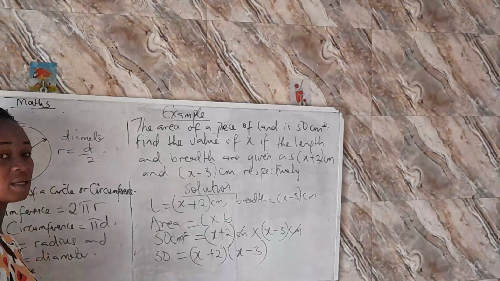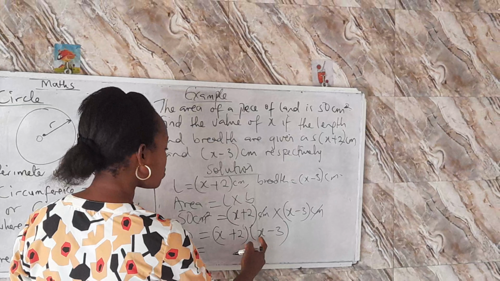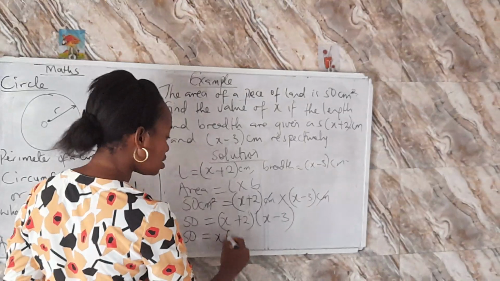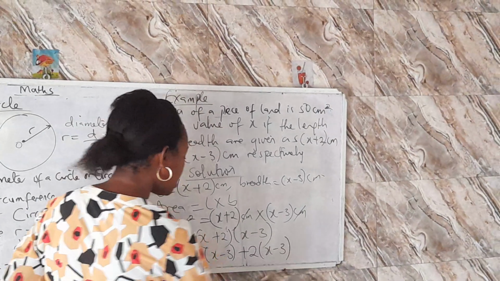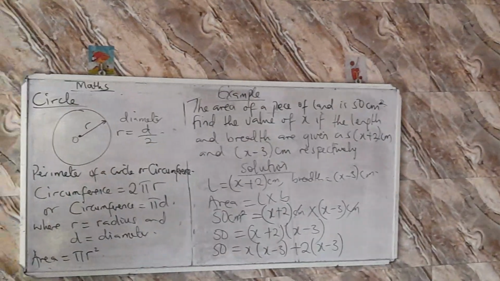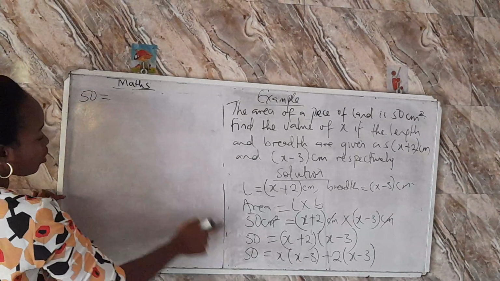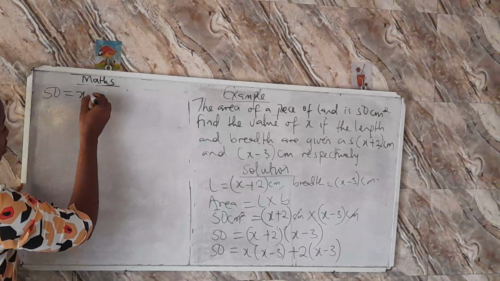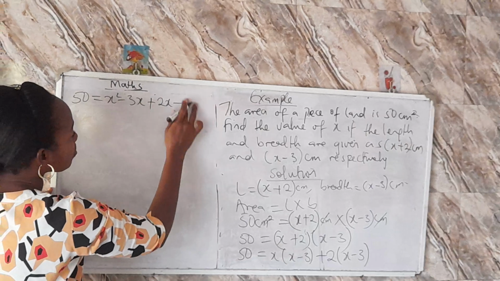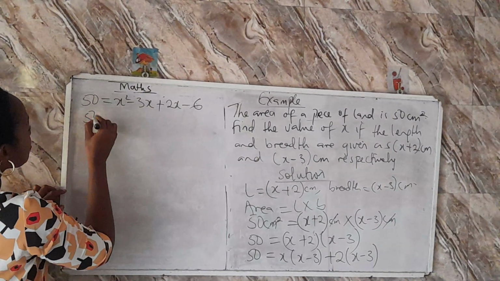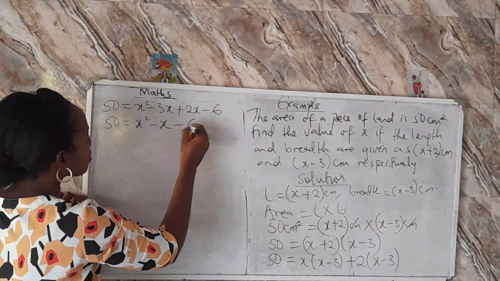We open the bracket to find the value of x: x into x minus 3 plus 2 into x minus 3. So 50 equals x squared minus 3x plus 2x minus 6, which gives x squared minus x minus 6.